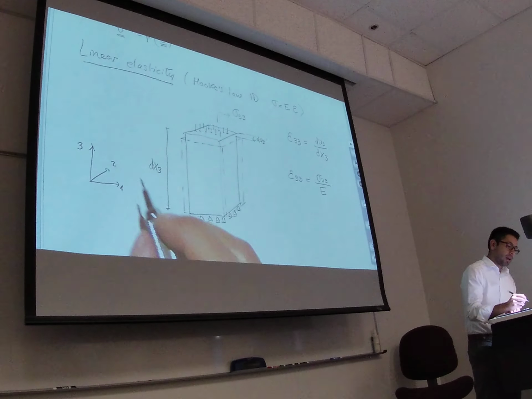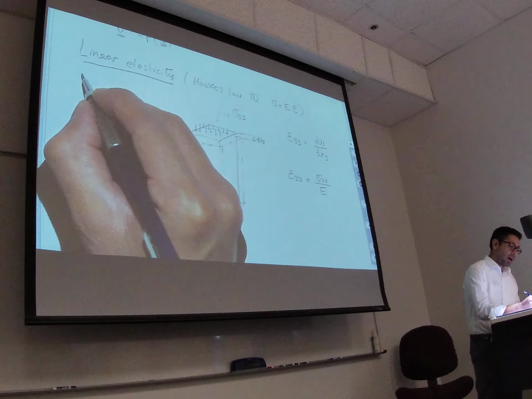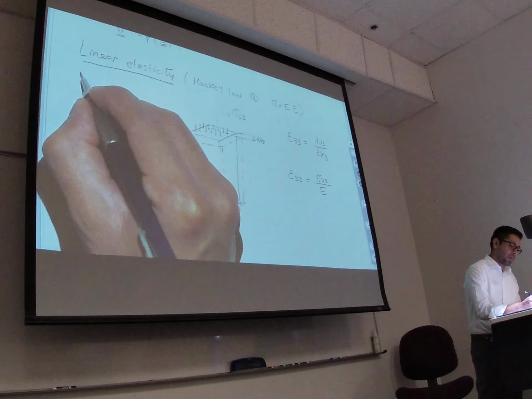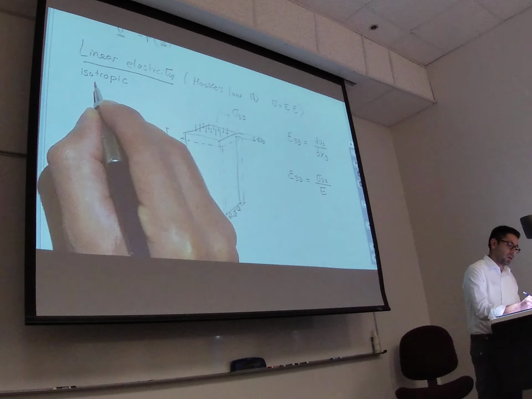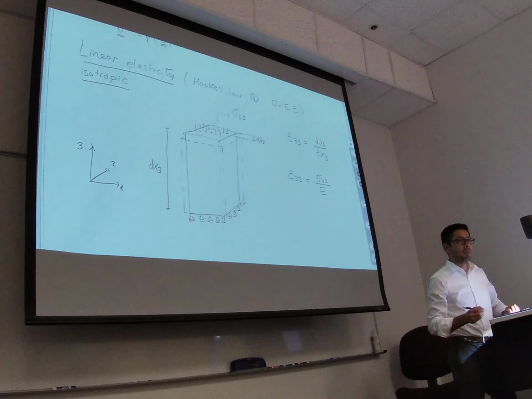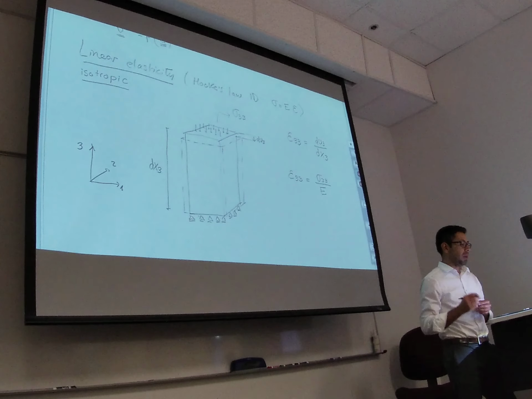And in this case, I'm going to go a little bit further. This is called linear elasticity, but it's also isotropic. That means that it's the same in all directions.